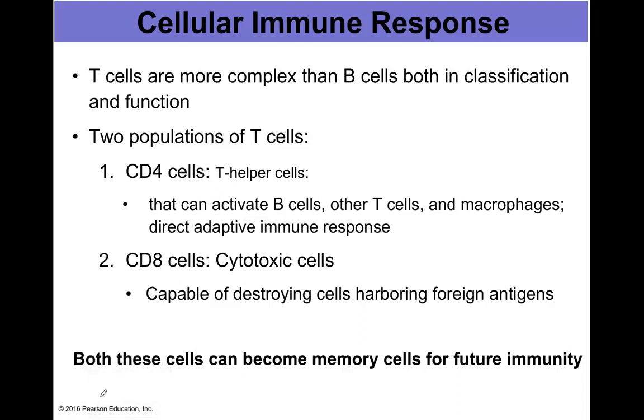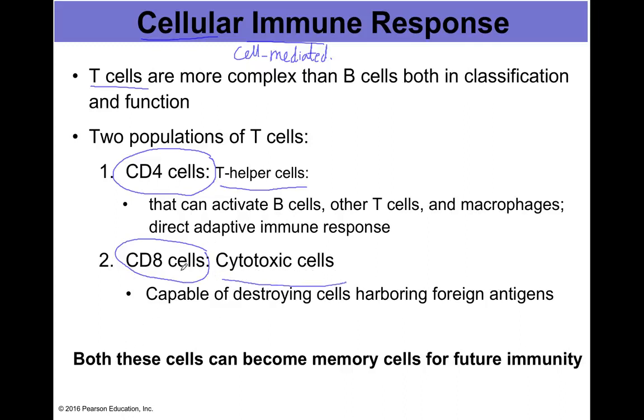When we're discussing cellular immunity, or as I mentioned, cell-mediated immunity, they are relying on T cells. There are two main categories: CD4, which is also known as T helper cells, and CD8, which is known as cytotoxic cells.